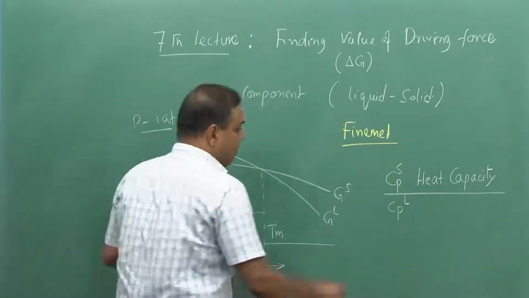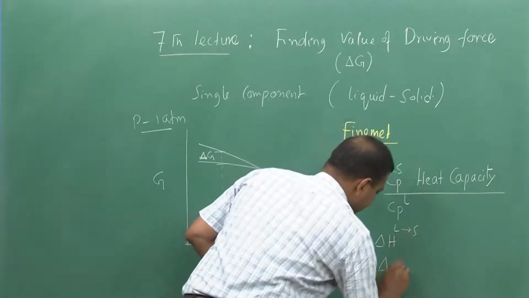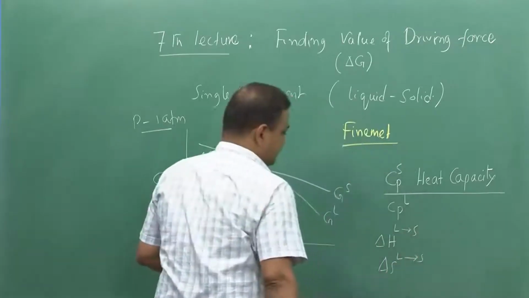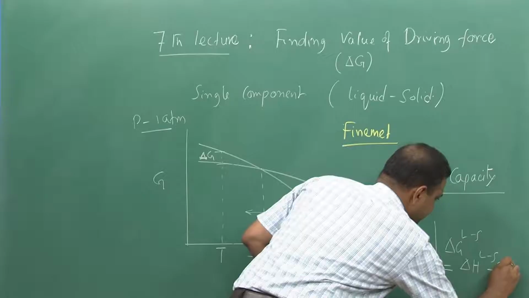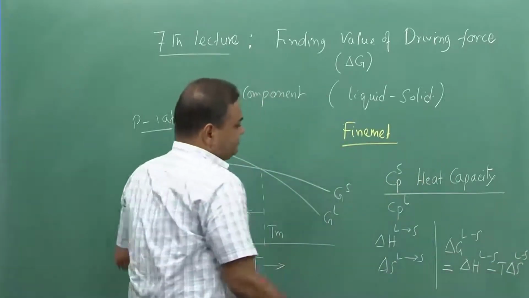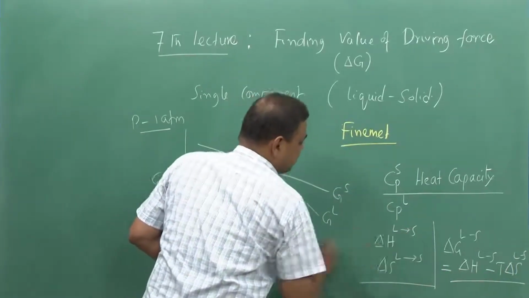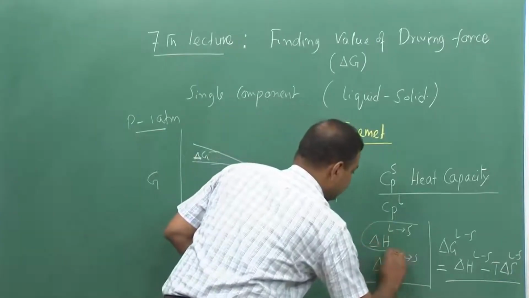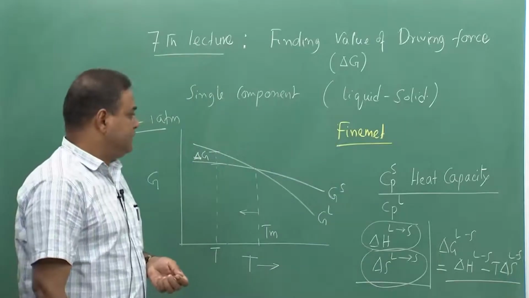If we can find out the Cp of solid as well as the Cp of liquid, we can easily determine del H liquid to solid and del S liquid to solid, and finally del G liquid to solid equals del H liquid to solid minus T del S liquid to solid.